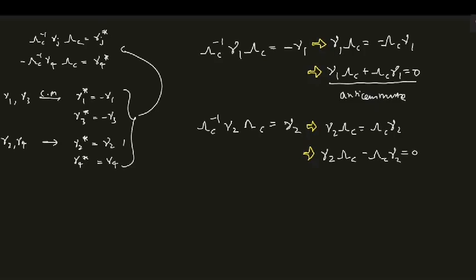Okay, so you can see simply gamma 2 commutes with lambda c. So it is commuting, gamma 2 is commuting with lambda c.